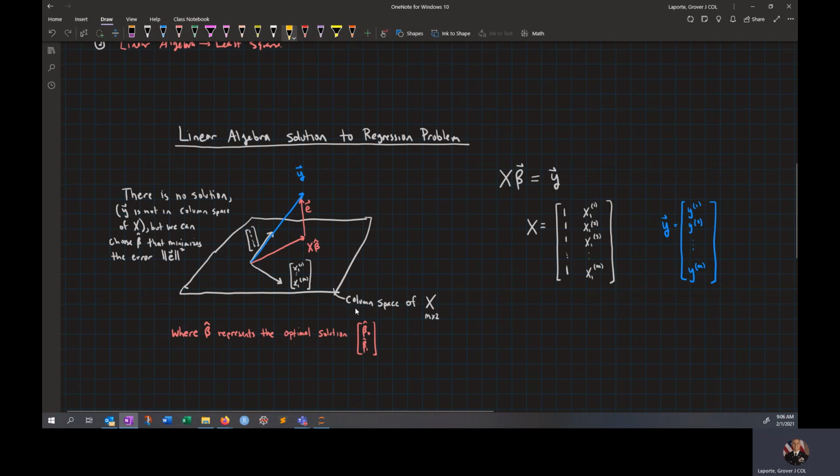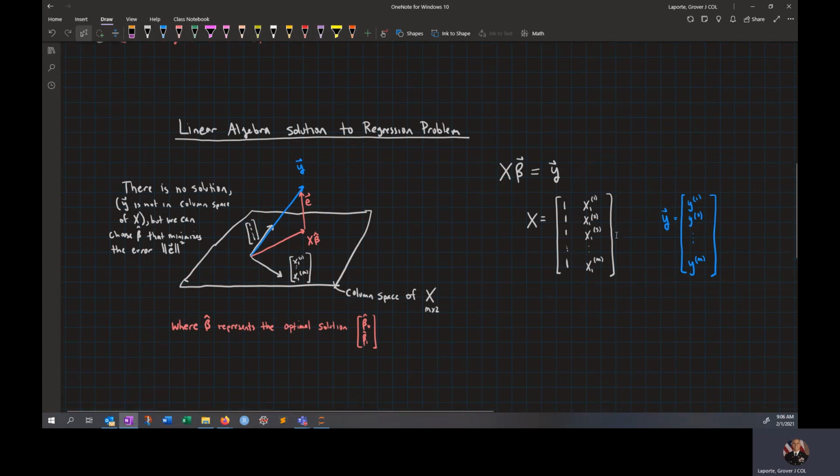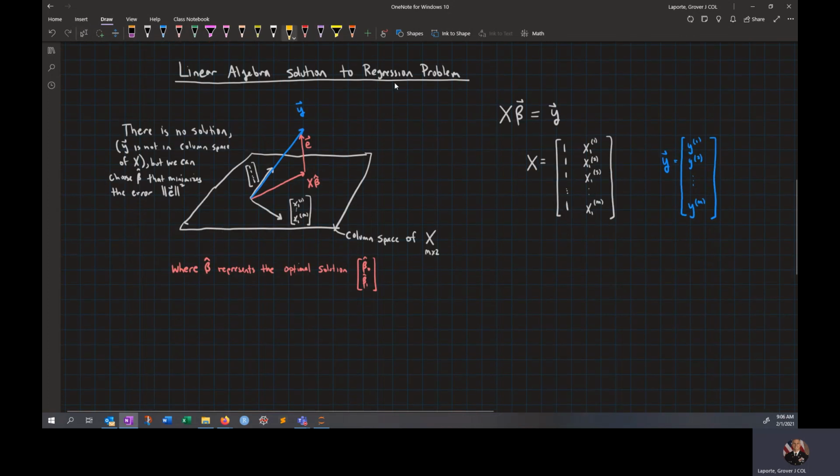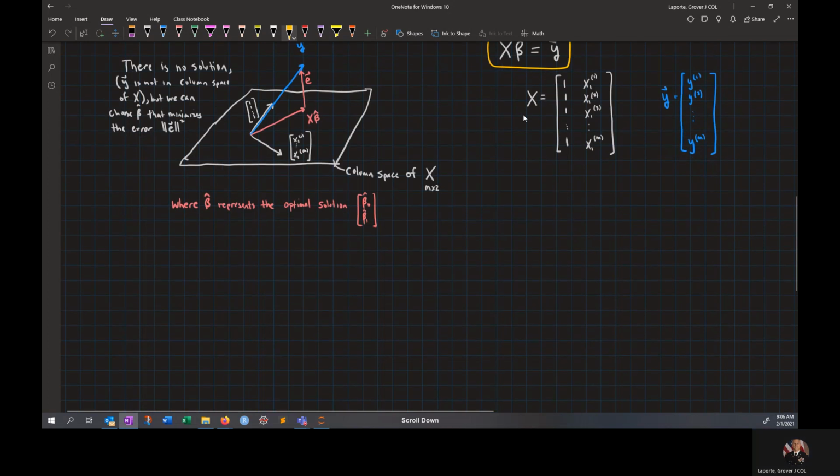Okay, so the idea here is that there is no solution to the problem xb equals y.